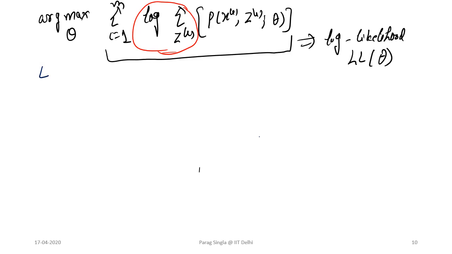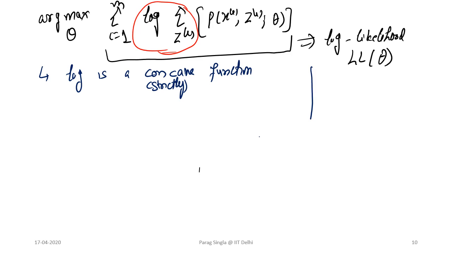So 2 points here will be helpful for us. One is that log is a strictly concave function, and just to remind you, the graph for log x crosses the x-axis at x equal to 1.